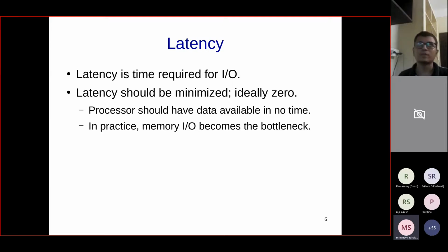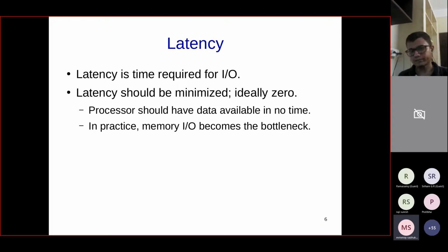Memory becomes the bottleneck many times, because fetching data from memory and bringing it to the core takes, as we saw two slides back, around 400 cycles, up to 800 cycles. Ideally, the processor should have the data available in no time, but that's not the case. So this memory IO can become the bottleneck on both CPU and GPU architectures.